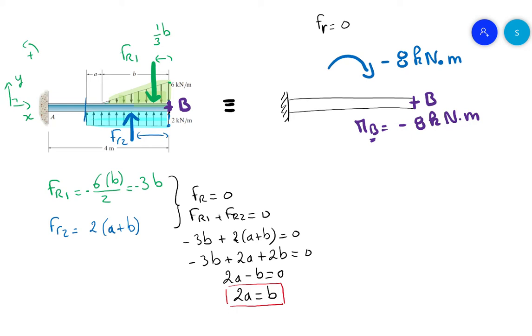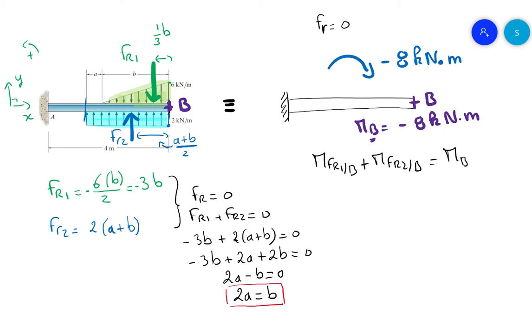So this distance there is A plus B divided by 2. Okay. So when we do the equation of the moment of the force FR1 about B plus the moment of FR2 about B, it's equal to the moment about B of the system number 2. This one is for system number 2, this one is for system number 1.